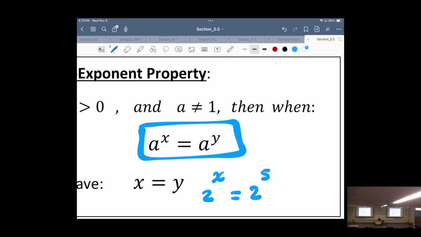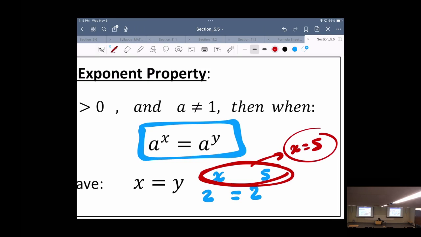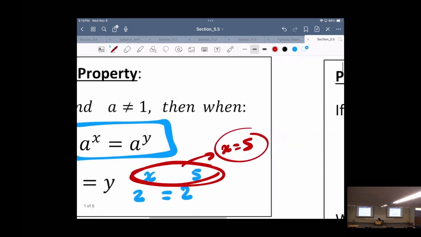In other words, if you have the same base, let's say 2, to some different powers, x and 5, then this automatically means that x should be equal to 5, right? So that means if you can rewrite both sides of an equation to the same base, raised to two different powers, then you can equate those powers and solve for x. That's one technique we're going to be using.